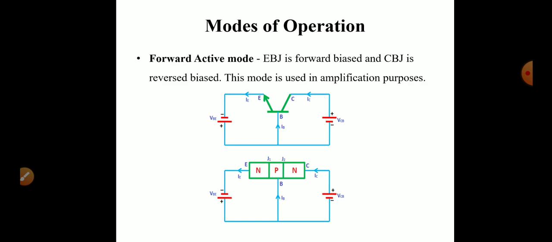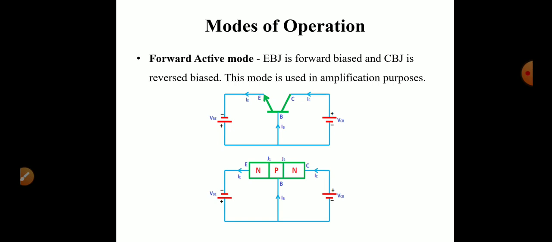First one is the forward active mode. In modes of operation, we are explaining how the terminals are connected to the battery, or how we are applying external voltages to these terminals for proper operation. In forward active mode, the emitter base junction is forward biased and the collector base junction is reverse biased.